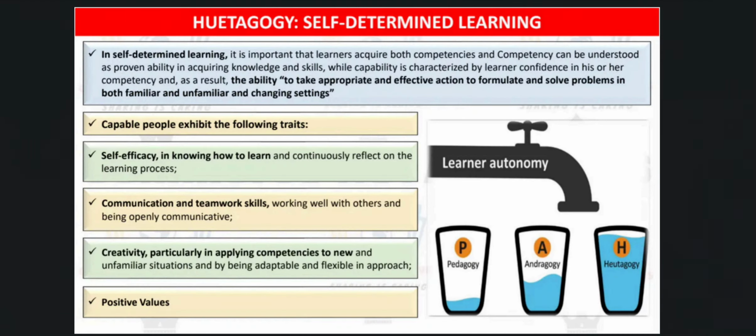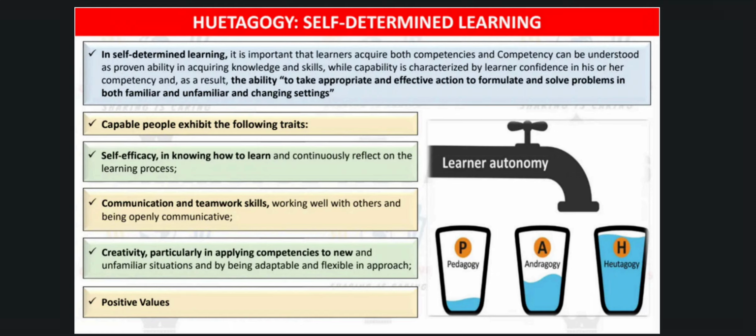In self-determined learning, it is important that learners acquire both competencies and capabilities. Competency can be understood as proven ability in acquiring knowledge and skills, while capability is characterized by learner confidence in his or her competency, and as a result the ability to take appropriate and effective action to formulate and solve problems in both familiar and unfamiliar and changing settings.